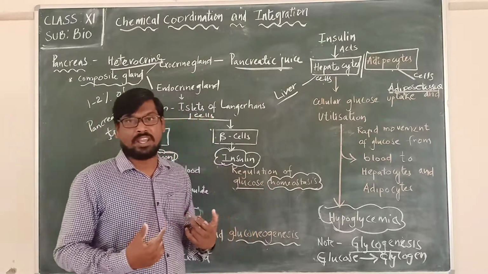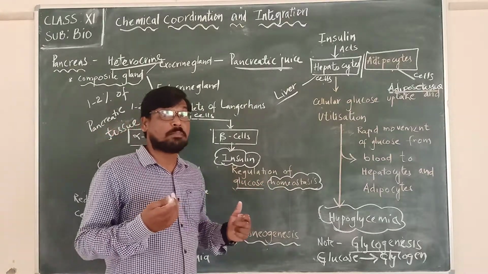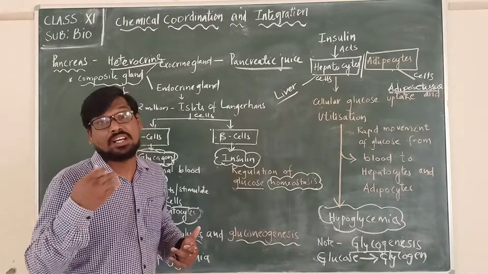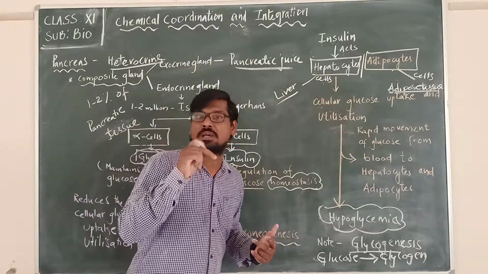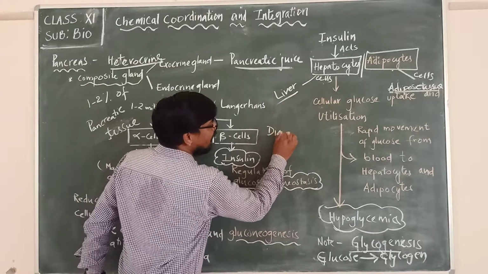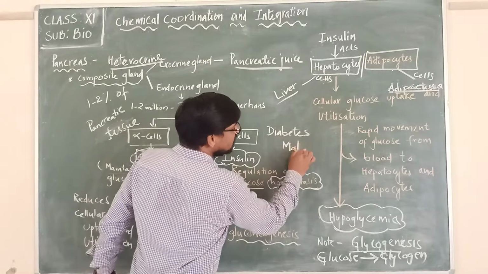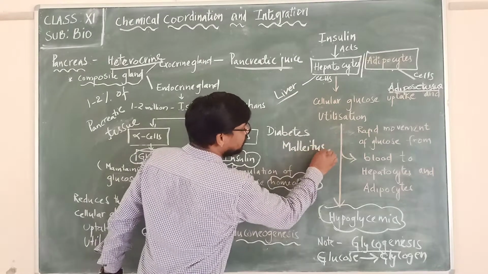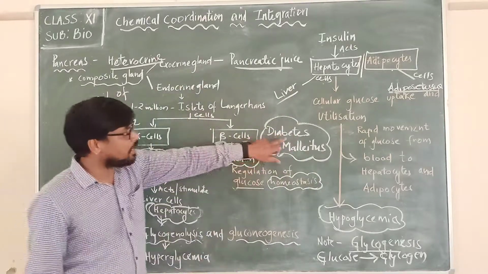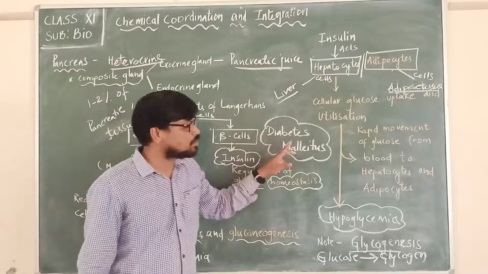And that's why, if there is an increased amount of sugar in the blood, it may lead to one disorder which we call diabetes mellitus. This is a sugar disorder, a disease we say, diabetes mellitus.